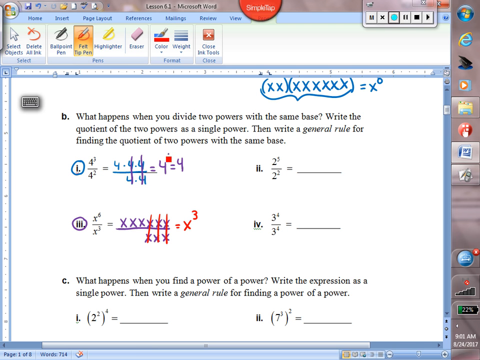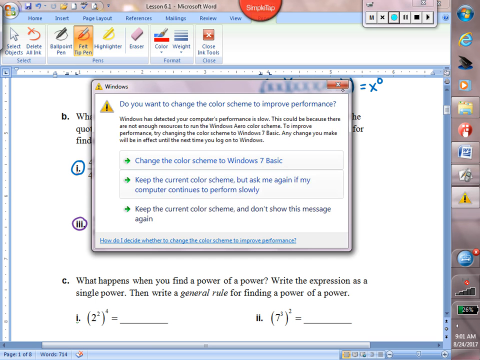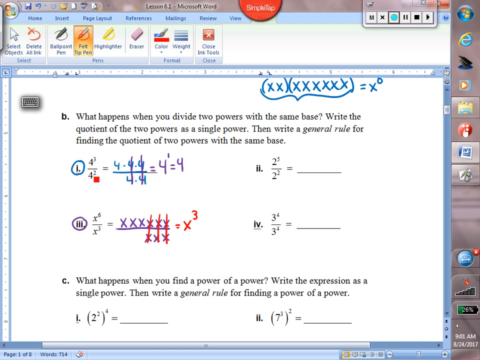My end result of my exponent, number 1, was 1. I have a 3 and a 2 for my exponents. So to get the 1, I subtract the exponents. So we have 4 to the 3 minus 2. We have a 6 in the numerator, a 3 in the denominator in part 3.